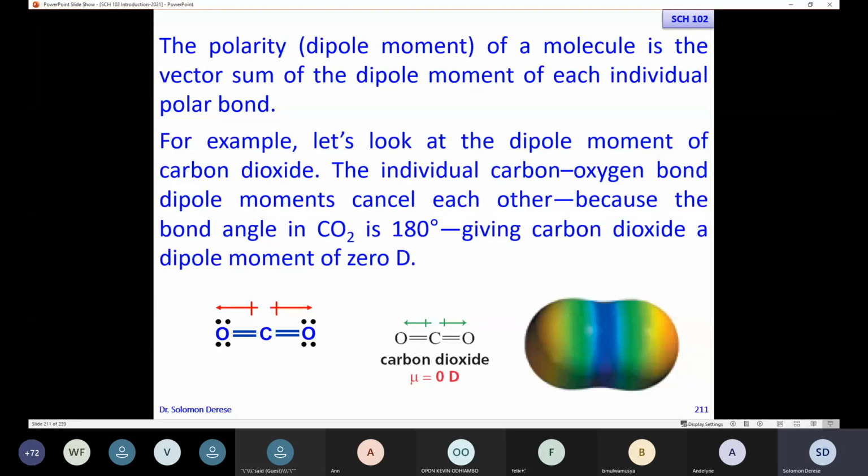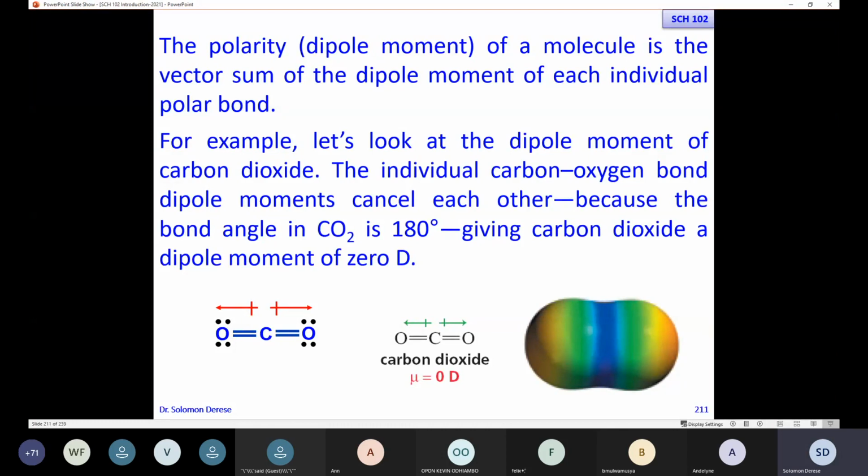So when you measure the dipole moment of a molecule, you have to take into consideration the bond moments of the individual bonds that contribute to that particular molecule, but also the geometry of the molecule, which will tell you in what way these bond moments are arranged, in which direction they are pointing.